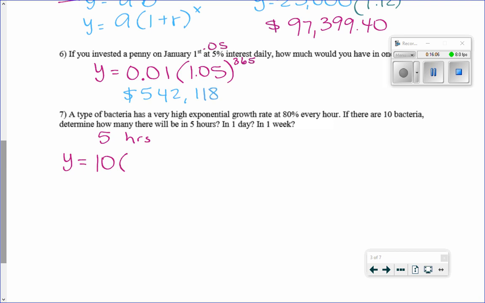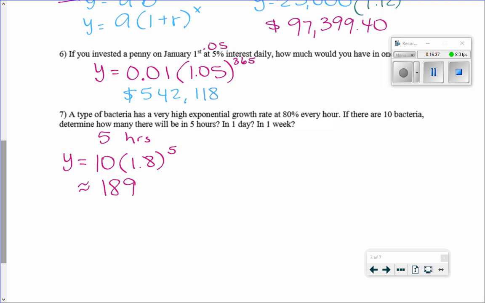And what are we going to multiply the 10 by? 1.8, because we have to add that 80% to 1. All right, and my exponent's going to be 5 because it's per hour. All right, put that in your calculator. Let me know what you get. 189. 188.957-ish, yeah, so about 189.